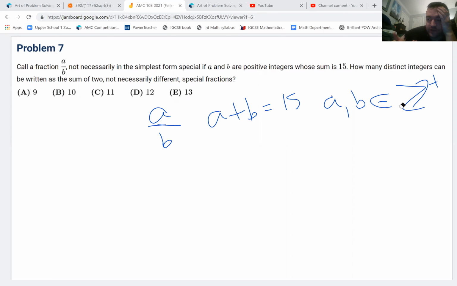I guess the best thing we can do is list out all the special fractions. So what would be the special fractions that we can have? I have them written out in my notes, and I'll just write them out really quick.